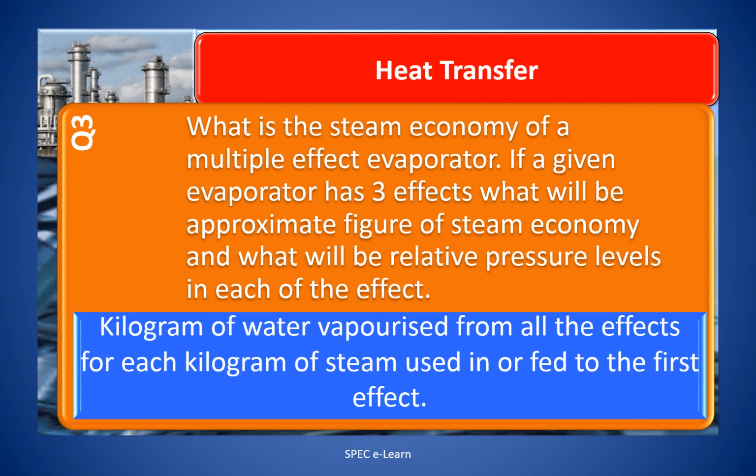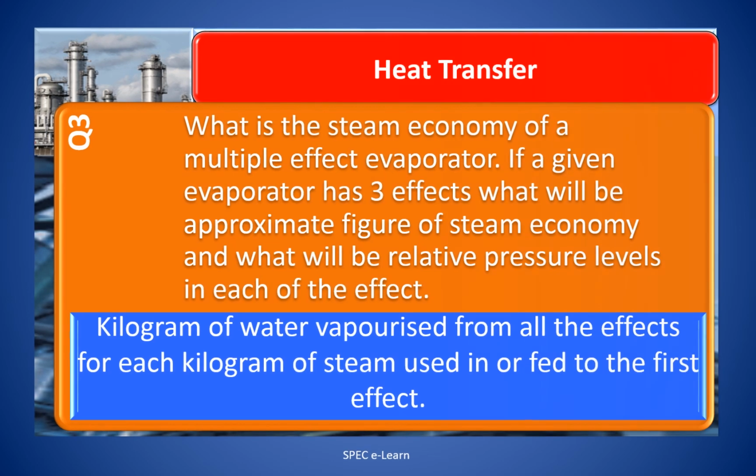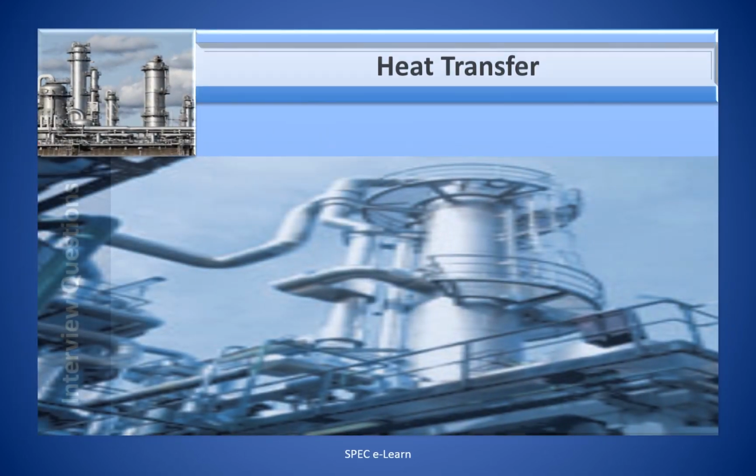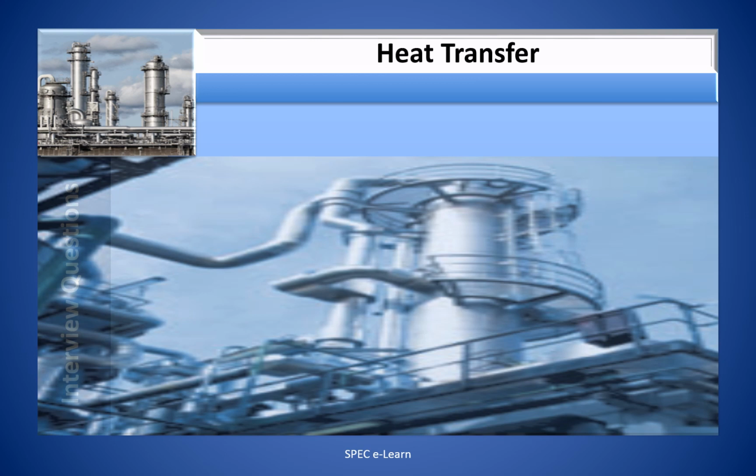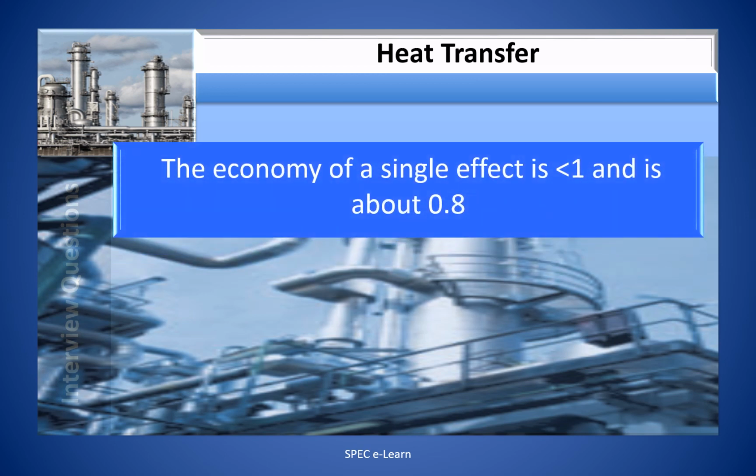Steam economy is the kilogram of water vaporized from all the effects for each kilogram of steam used in or fed to the first effect. The economy of a single effect evaporator is less than 1 and is about 0.8.